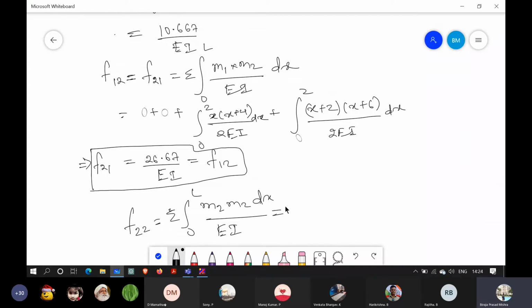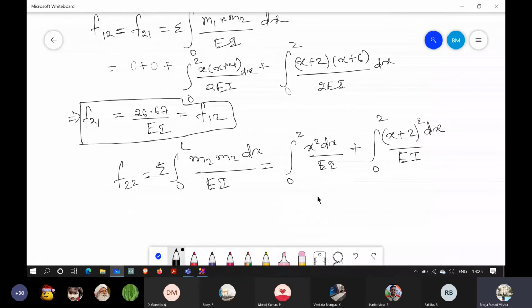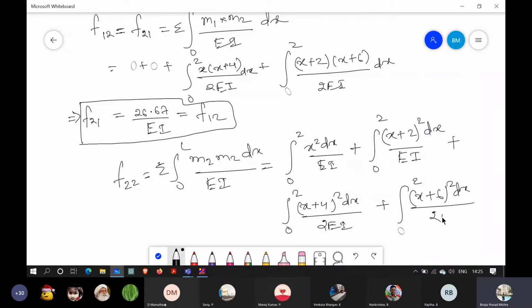This will be integration 0 to 2 x square dx by EI, plus integration 0 to 2 x plus 2 whole square dx by EI, plus integration 0 to 2 x plus 4 whole square dx divided by 2EI, plus integration 0 to 2 x plus 6 whole square dx divided by 2EI.